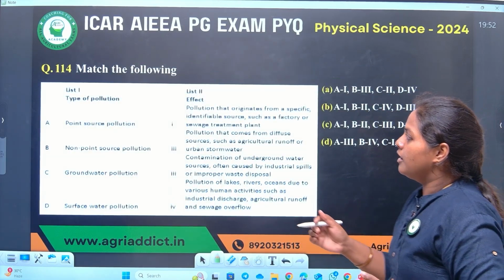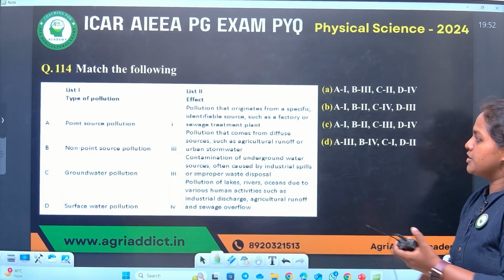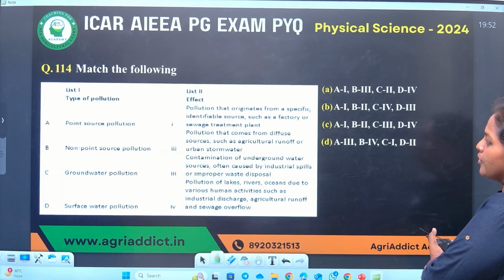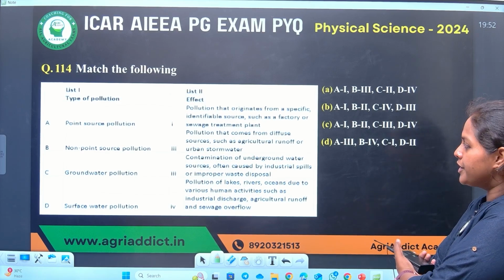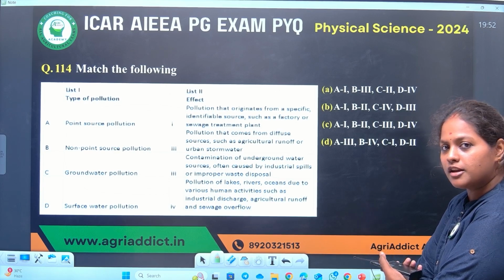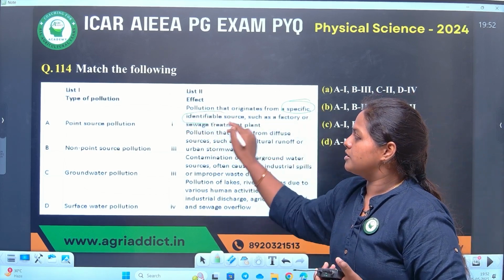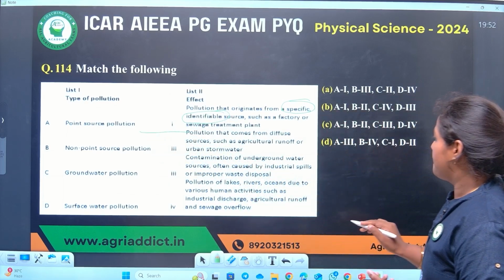Question number 114. Match the following. It is related to environment science again. They are asking type of pollution and respective effect. Point source pollution. Point source means pollution that is coming from a point, that means a definite source, a specific identifiable source. A1.